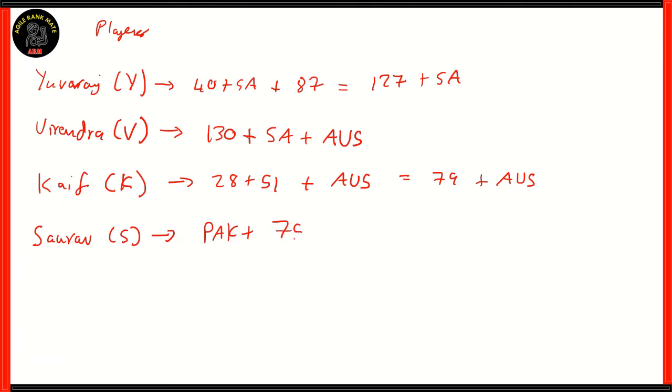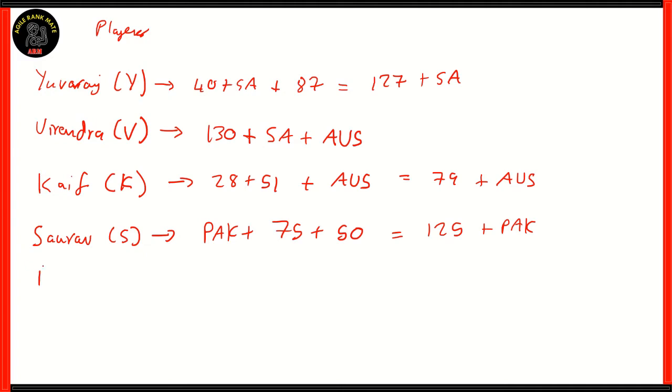So we're going to write those down. So now the total score for Saurav across the three matches would be 125 plus the match against Pakistan, where we don't know how many he has scored, but we do know he had contributed to the rest, which scored a total of 22.